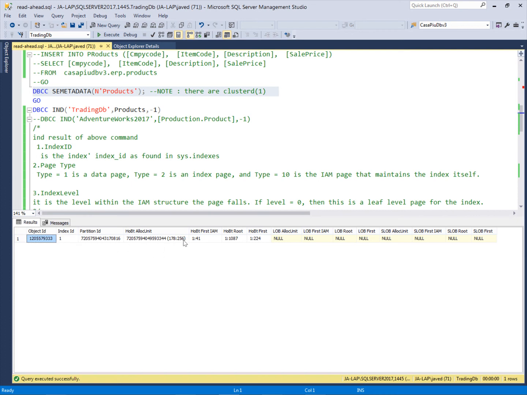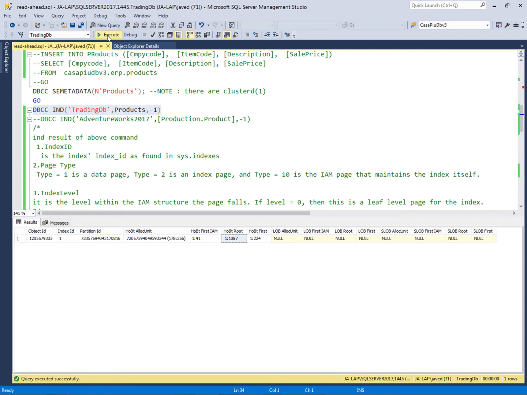These are the allocation units allocated to this index, the root page is 1087, and the first page is 224. Now the storage engine will go to the metadata for the IAM, and it will find this root page from there.